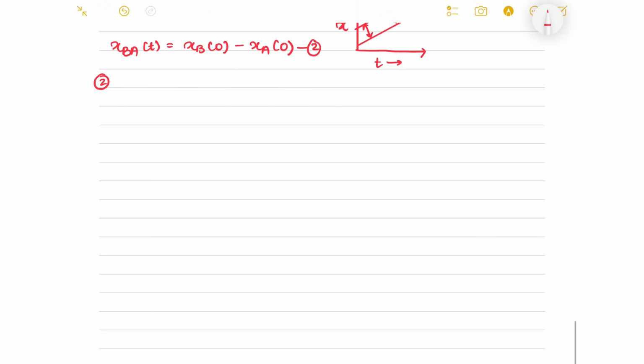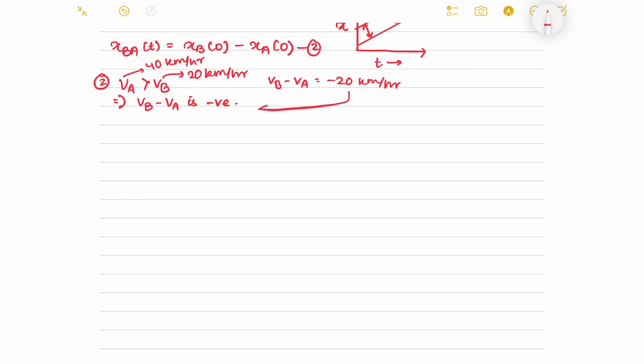The distance between these two shall always be a constant. The second special case is if Va is greater than Vb, this implies that Vb minus Va is negative. If Vb is 20 km per hour, let us say, and Va is 40 km per hour, then Vb minus Va is equal to minus 20 km per hour. Hence we can deduce that Vb minus Va is negative.